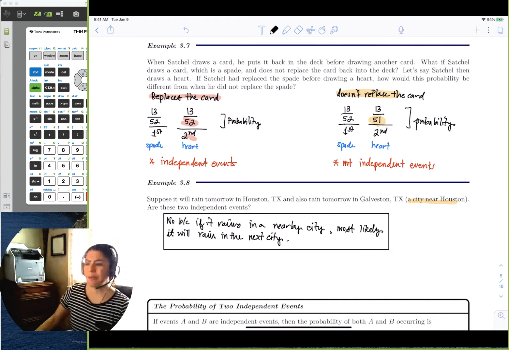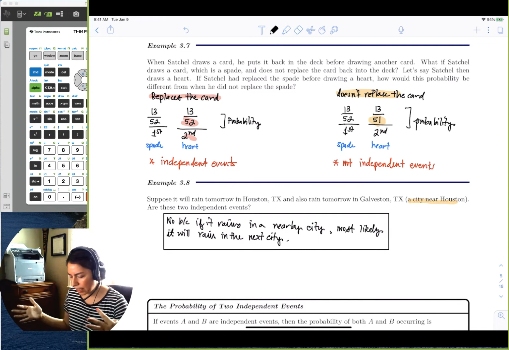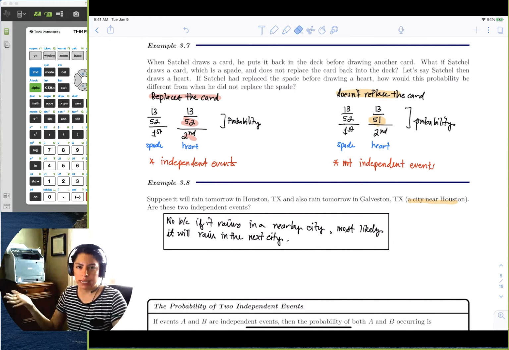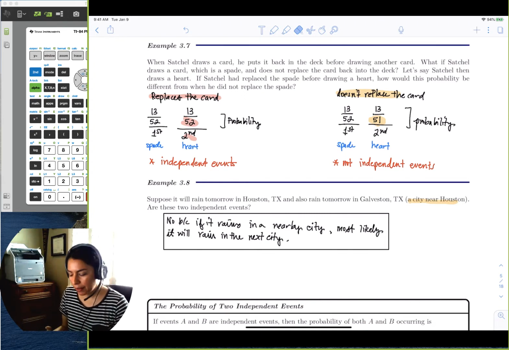And so we just want to make sure that we understand these differences when we think about dependent and independent events versus disjoint events.